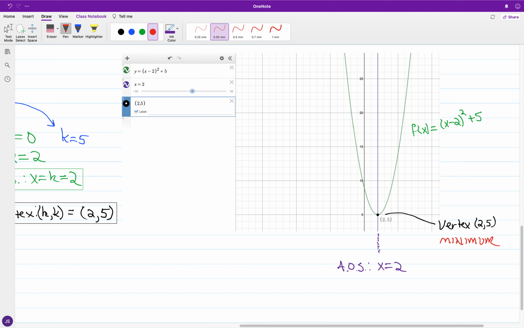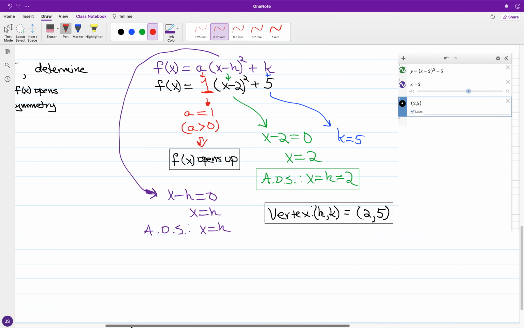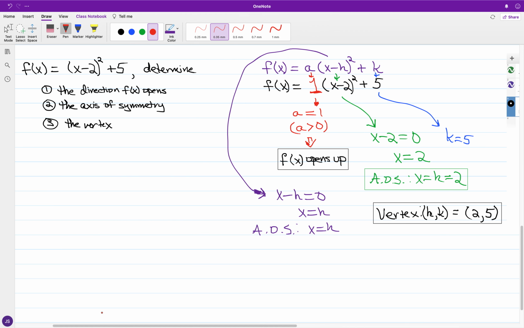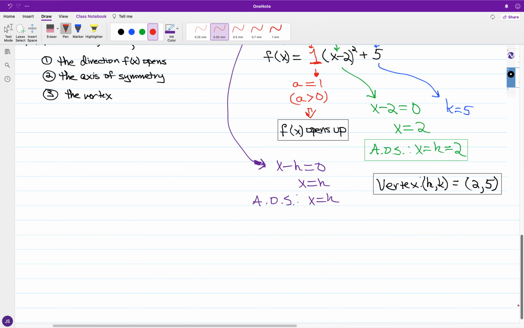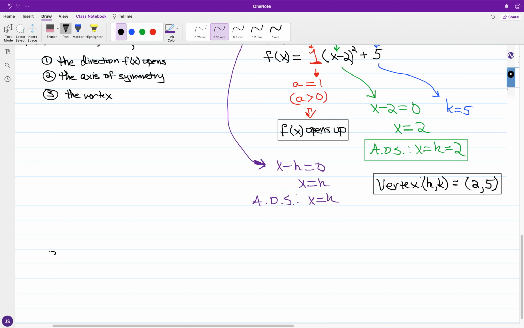Now, let's say that we have another scenario, and let's say we have f of x is equal to negative 2 times the square of x plus 5 minus 10.